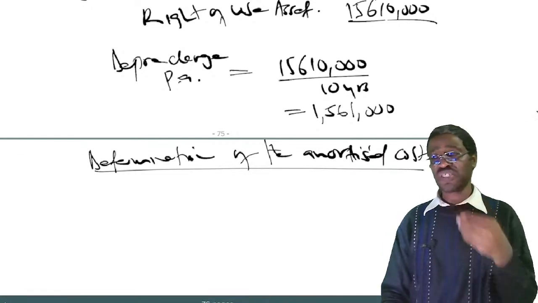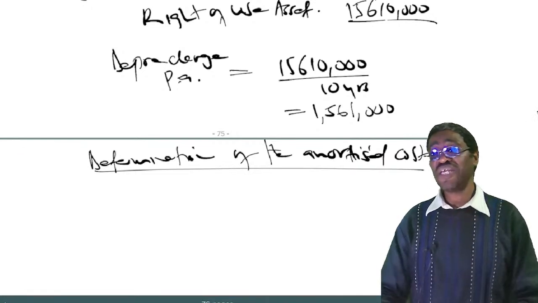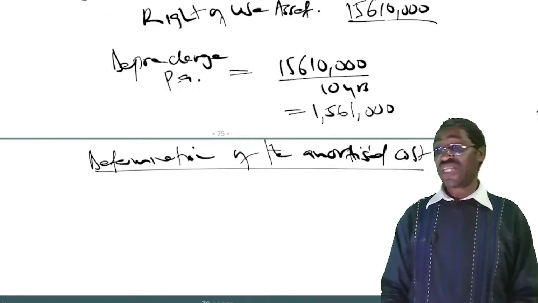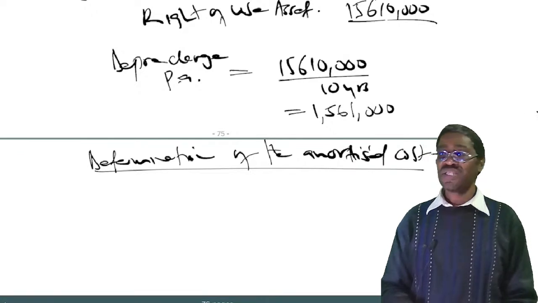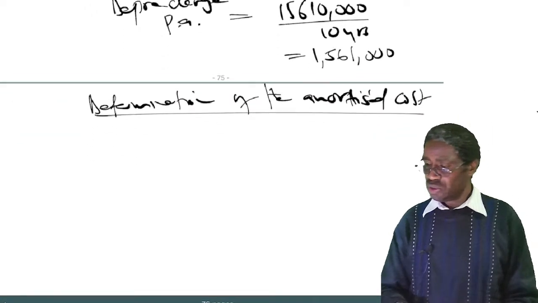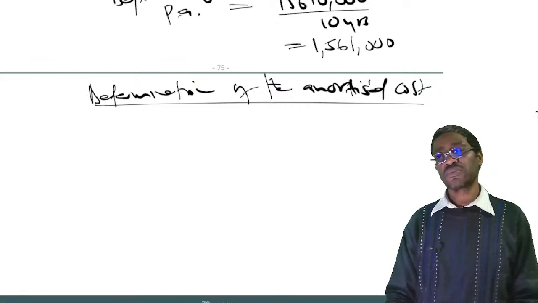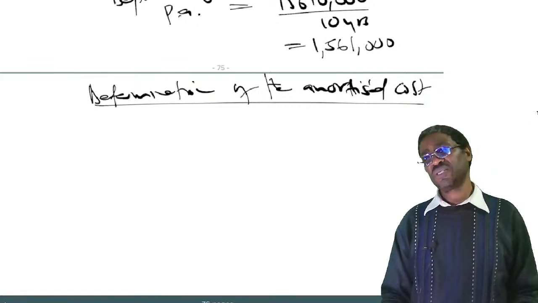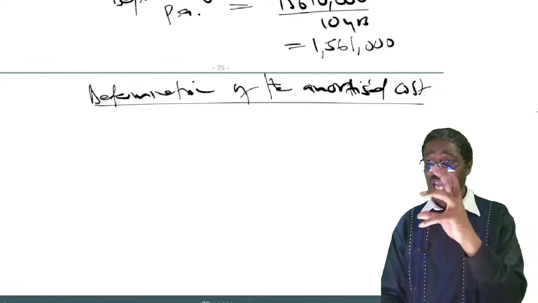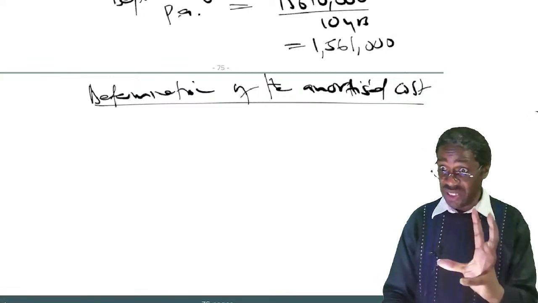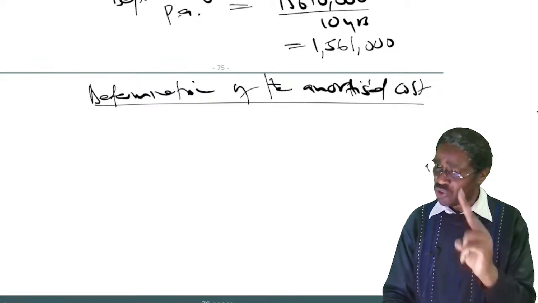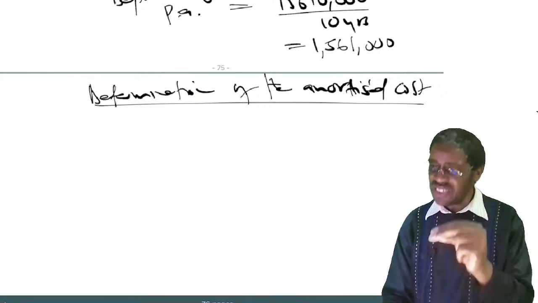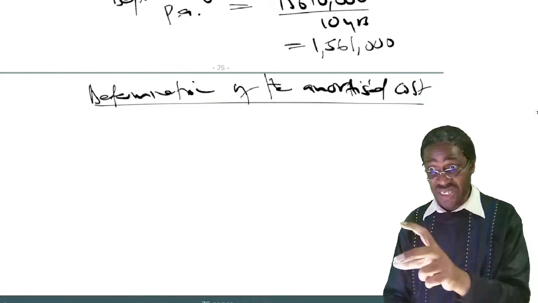There is something important I want to explain for determination of the amortized cost. I have told you to get the amortized cost, you prepare the amortization table. Now listen. There are two types of tables we shall be preparing depending on the terms of the lease.